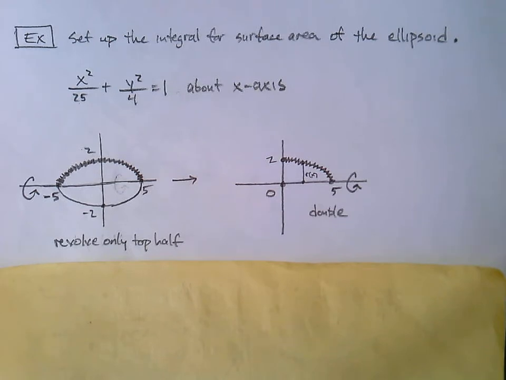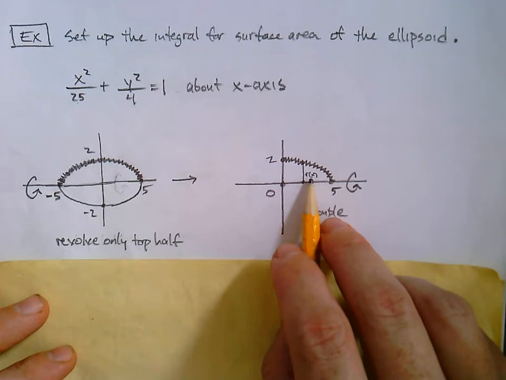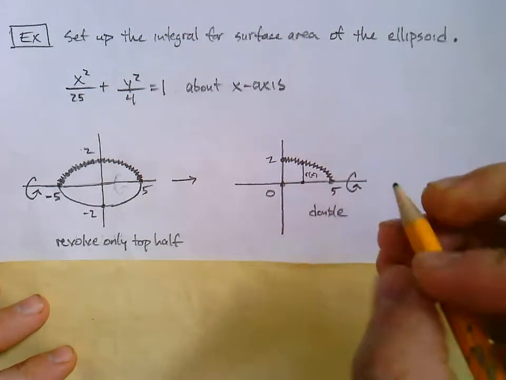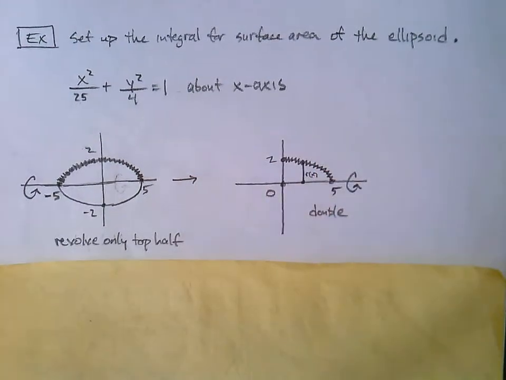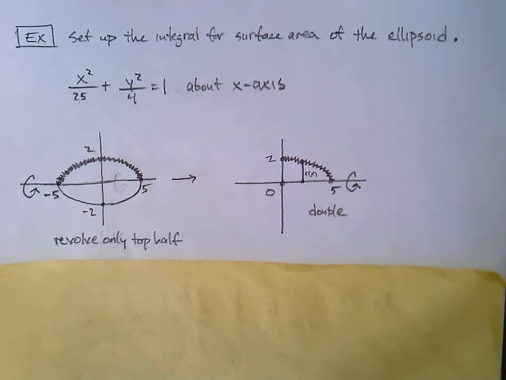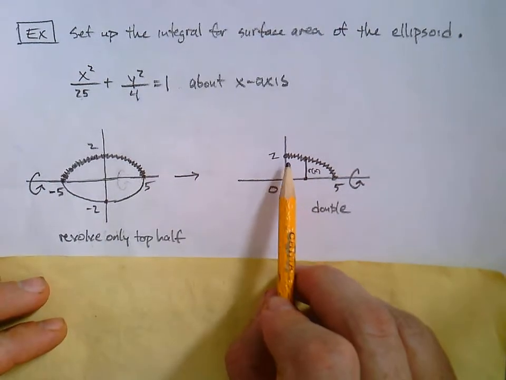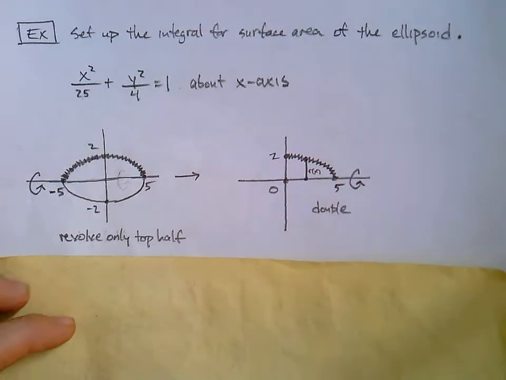And you can also see it's very tiny, but that's r of x. So again, you begin on your axis and then you go out perpendicular until you hit your curve. That is the radius at any given moment, any given x value. Okay, so we're going to find this surface area around the x-axis and then multiply it by 2.